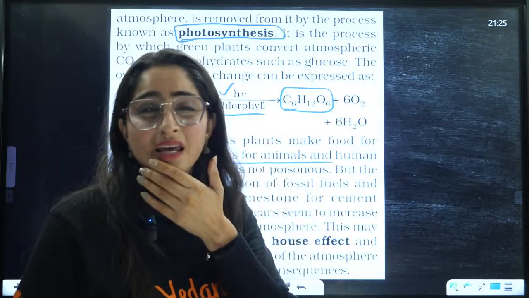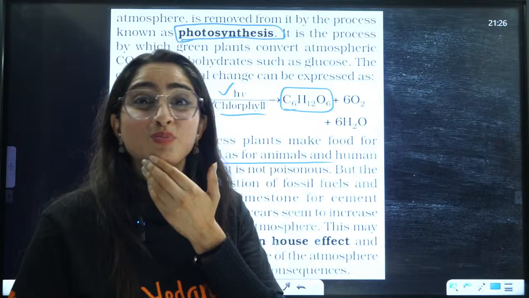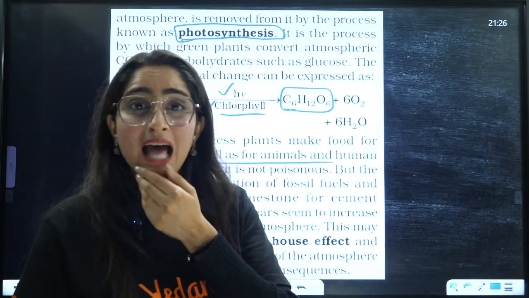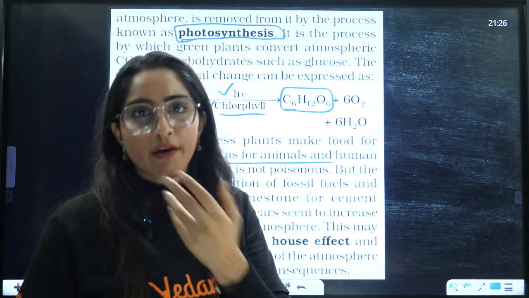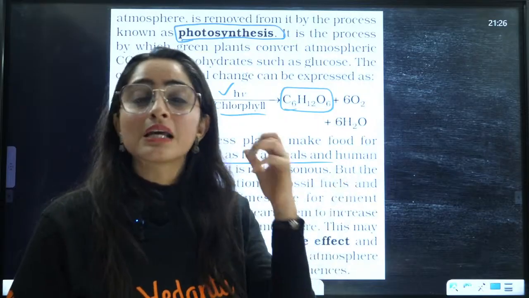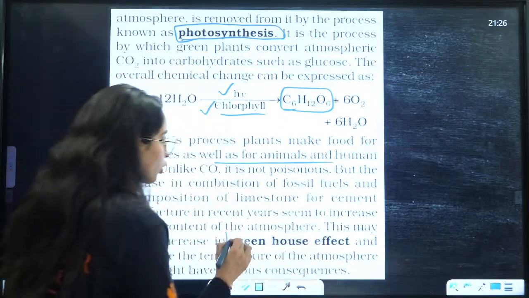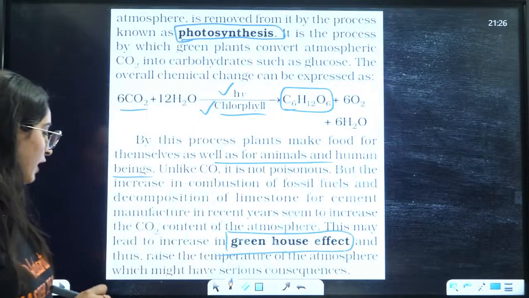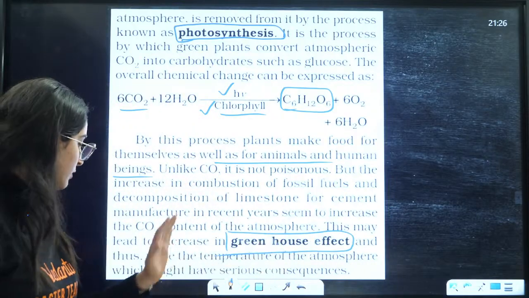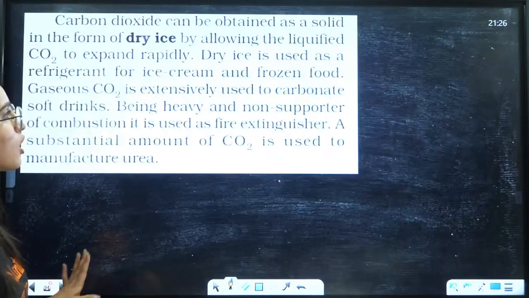We use ACs, refrigerators, all of these things produce carbon dioxide, and because of that, there's increased CFCs also. One reason is the increased amount of carbon dioxide. There is the greenhouse effect, that is global warming that we have seen. It raises the temperature of the atmosphere, which might have serious consequences.